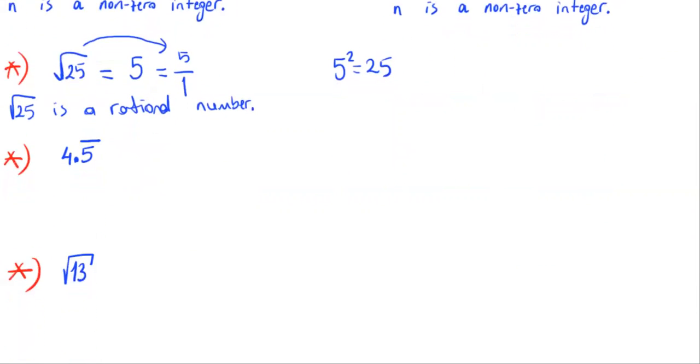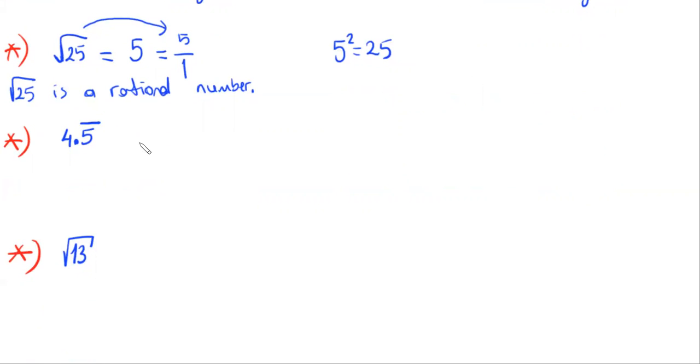And as you see, we have another one. We have a repeating decimal, and repeating decimals are always rational numbers. Okay, let me explain why. I can write 4.5 and 5 keeps going on forever. As you see, there's a pattern here. 5 keeps going on forever. We can write this number as 4.555 and so on.